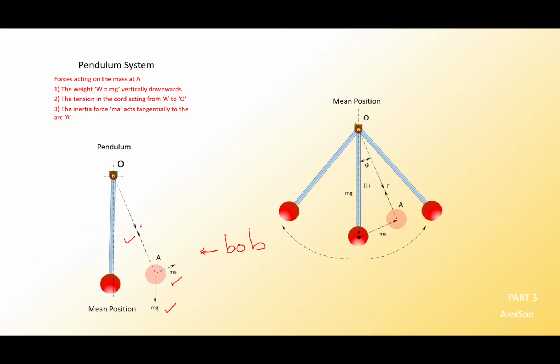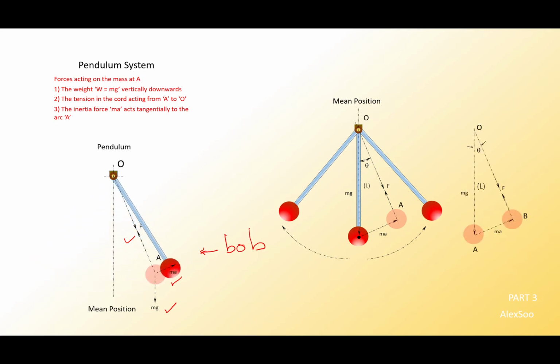Here you can see clearly that at position A, the rod is displaced by an angle theta, and L written here is the length of the rod, so it will oscillate about its mean position.